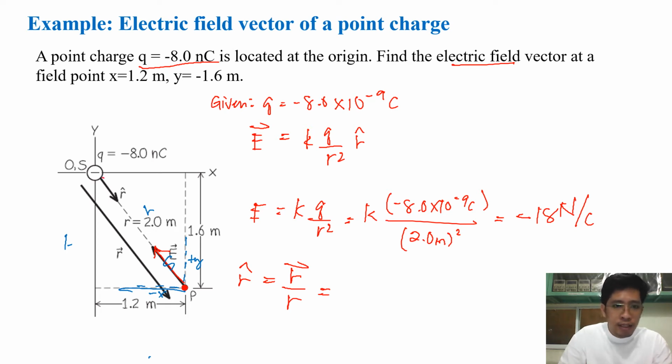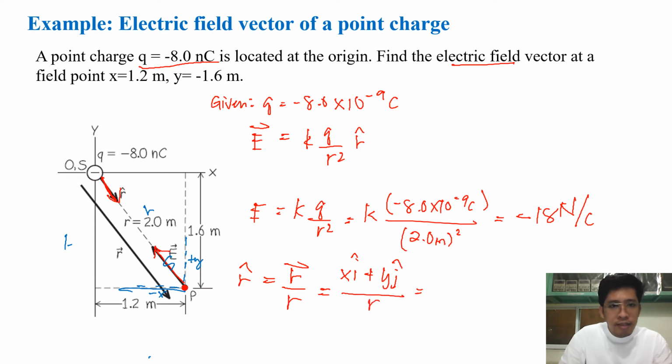So it is your x i hat plus your y j hat, divided by your R.